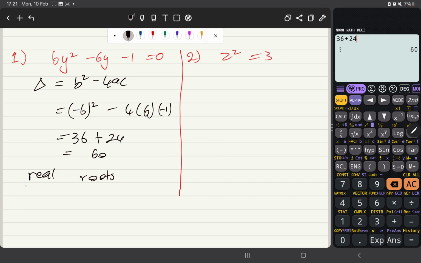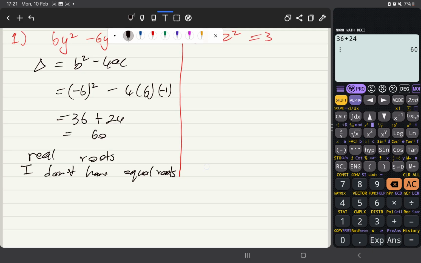So I don't have equal roots. Now I can just check if they are rational or irrational, right?